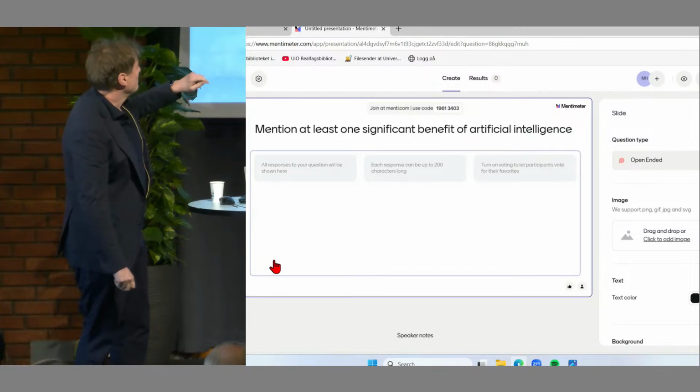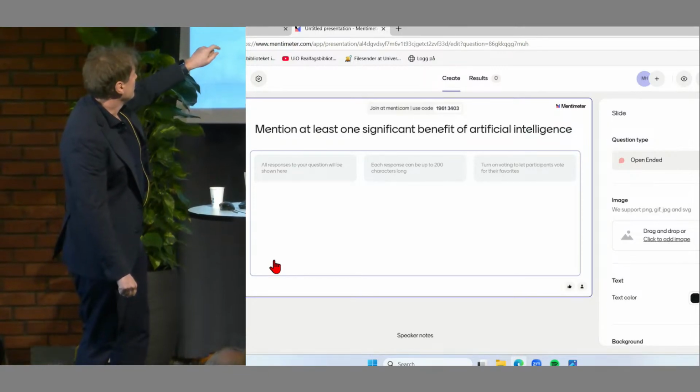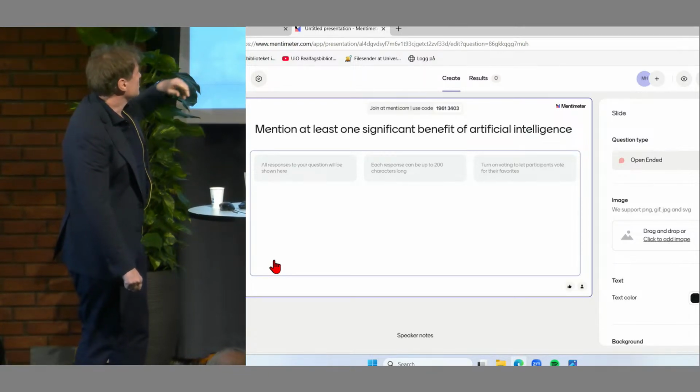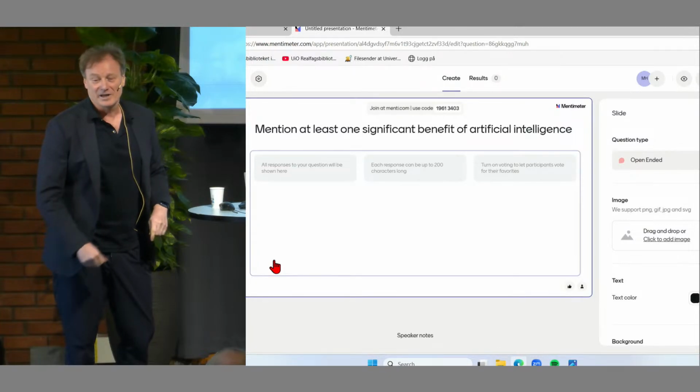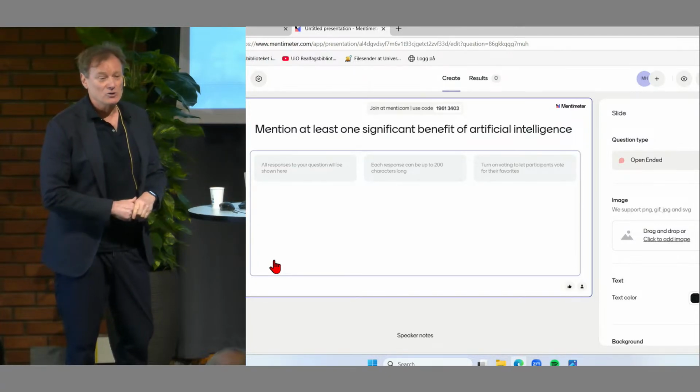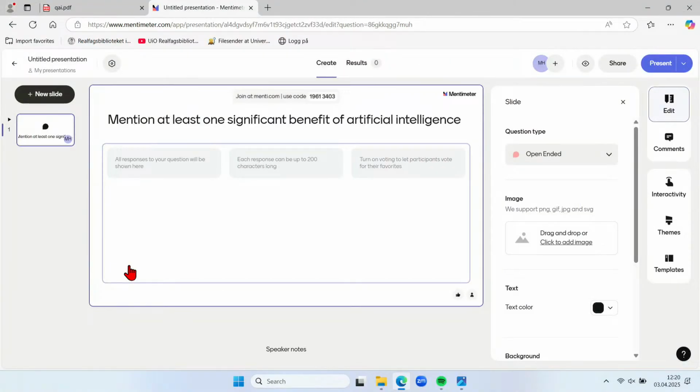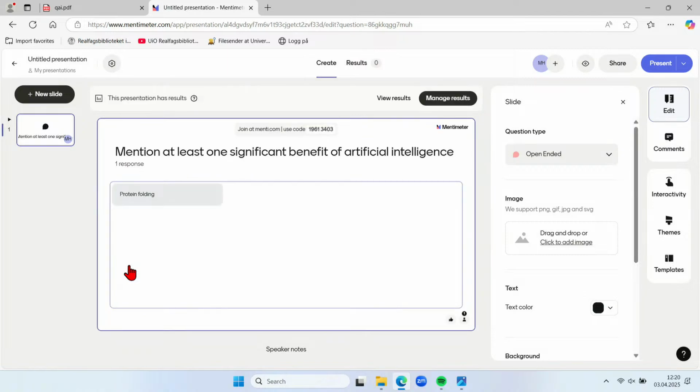So you go to menti.com, and there's a number which you just need to punch in, and you can mention at least one significant, perhaps societal, importance of AI. So the number is 1961. That's actually the year I was born. 3403. So I'm just going to leave it a little bit so you can see it, and then feel free to punch in the text, and then we can see what people answer, because that's always interesting to see.